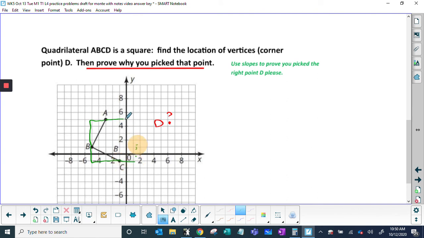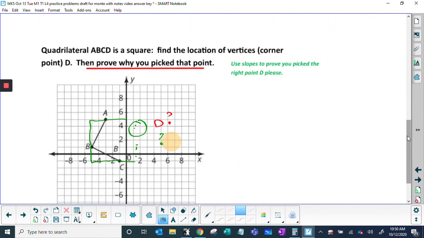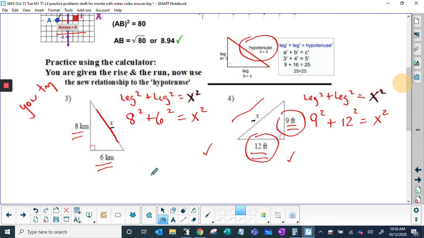Okay, so thanks for participating. We're going to be doing this for a couple weeks where we have to be able to find the distance. What is the distance? How far are these 2 points apart? The distance. See you in class on Thursday.